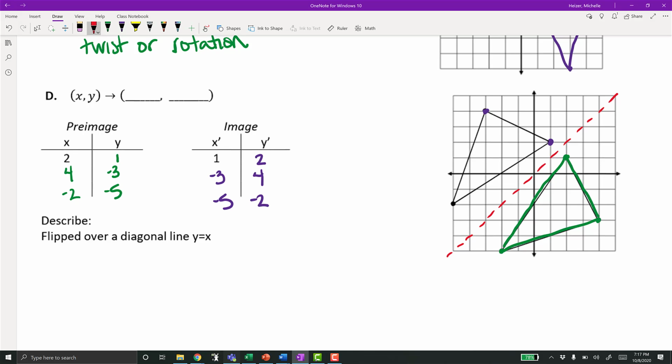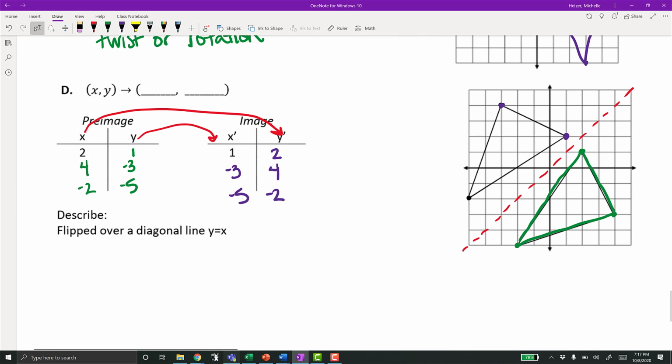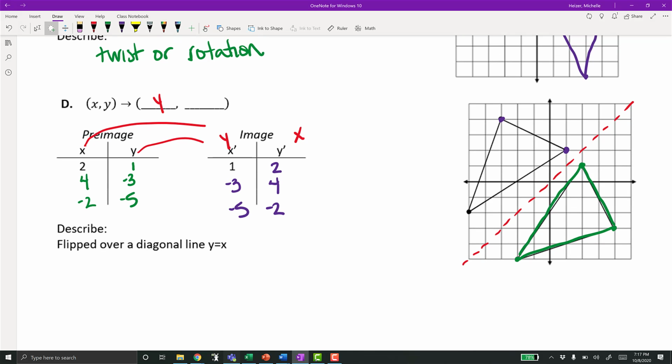Did you notice that my x values went here and my y values went here? They just flip-flopped spots. So this is x and this is y. So my coordinate notation is y, comma, x.